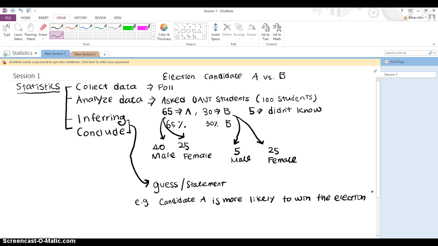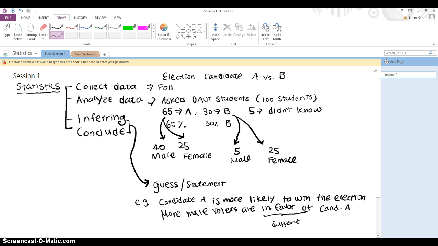But we can also break it down and say that more male voters are in favor of candidate A, in favor of meaning support.